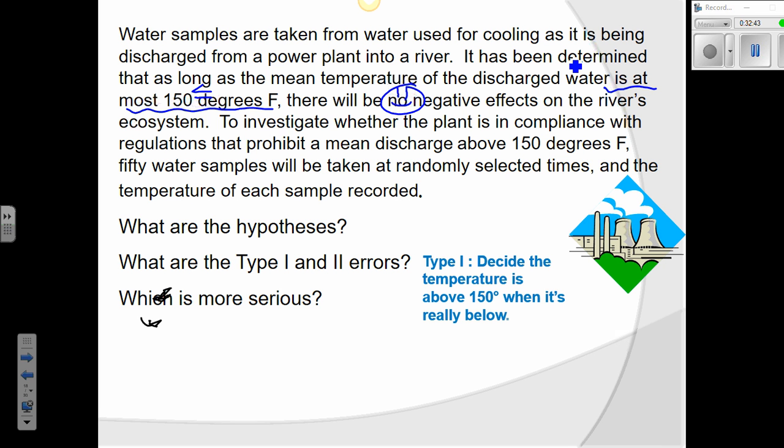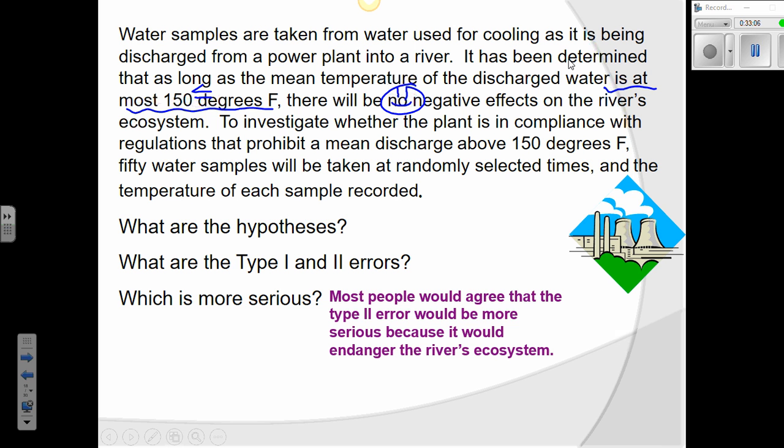Type 1 is deciding the temperature is above 150 when it's really below. Is that okay if we do that? Well, we might accuse the power plant of something, but is the environment okay? Yeah. What about type 2? It means the power plant is getting away with dumping warmer than regulation water in. So most people would agree that type 2 here would be worse because it's endangering the ecosystem.